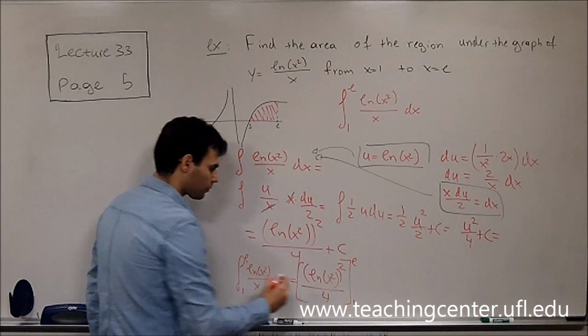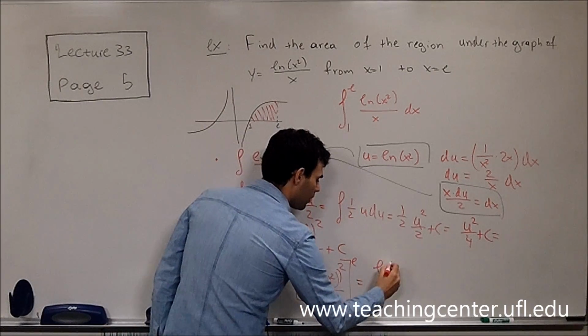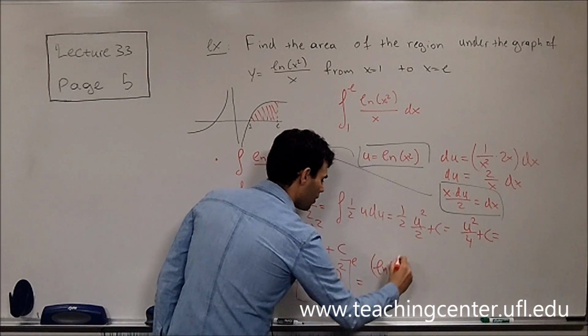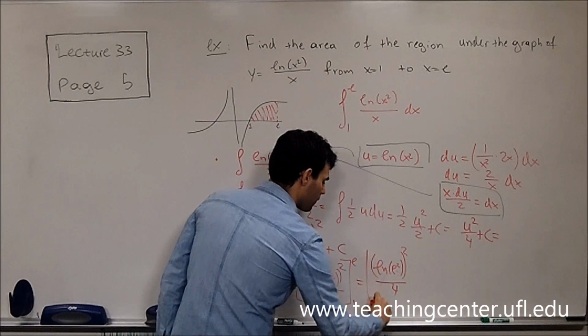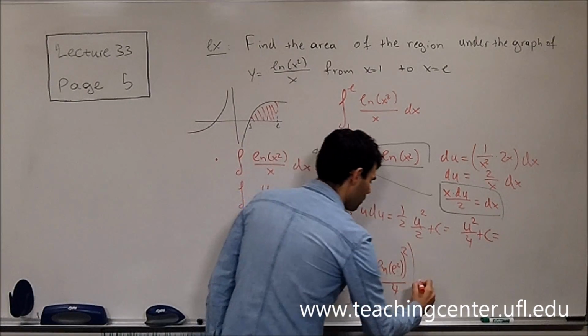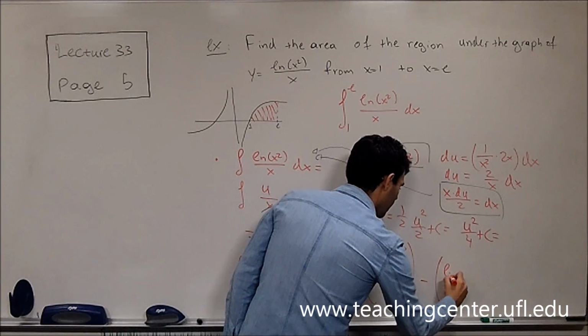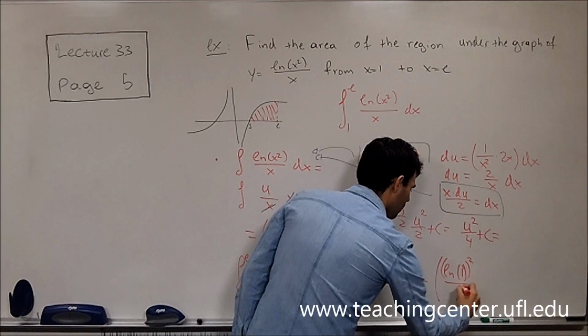Okay, so let's plug in e. You get ln of e squared over 4. That's your first term. And then let's plug in 1, which gives you minus ln of 1 squared over 4.